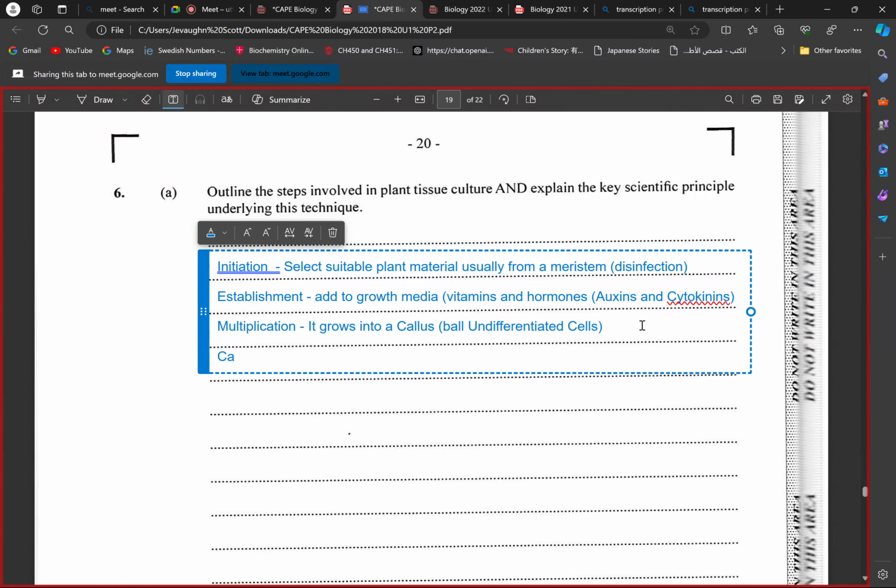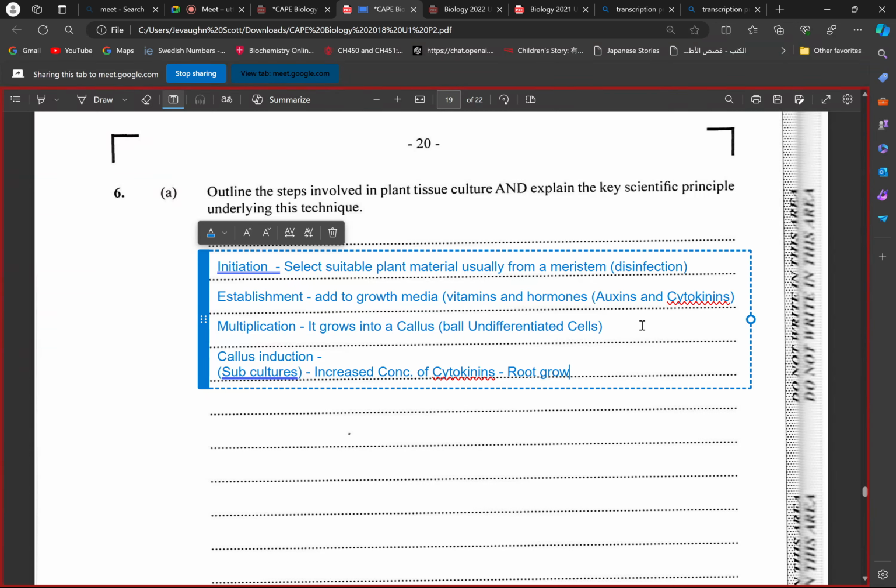What do we do for callus induction? Is it that you're separating the callus into individual cells? So what we have is subcultures. One will have an increased concentration of cytokinin, and that will promote root growth.